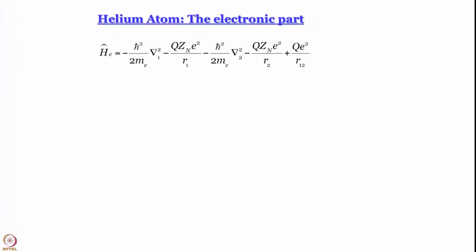What we now start worrying about is this electronic part of the Hamiltonian for the helium atom. How many terms do you have? 1, 2, 3, 4, 5. First term: kinetic energy of electron 1. Second term: potential energy of electron 1 due to the nucleus. Third term: kinetic energy of electron 2. Fourth term: potential energy of electron 2 due to the nucleus.